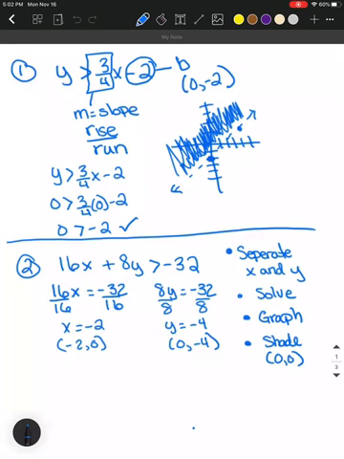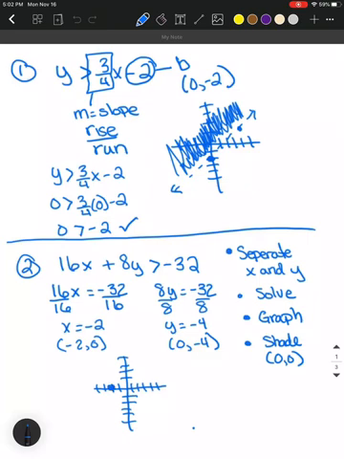Again, I'm going to draw my graph. Give me some little tick marks. My first point that I'm going to graph is on the x-axis, at negative 2, 0. That's right here.